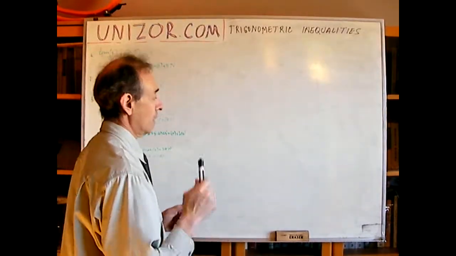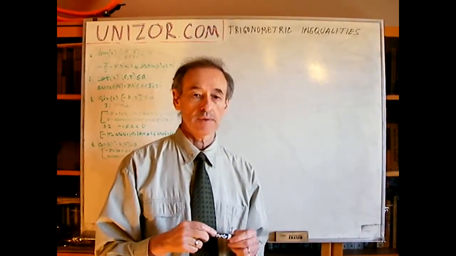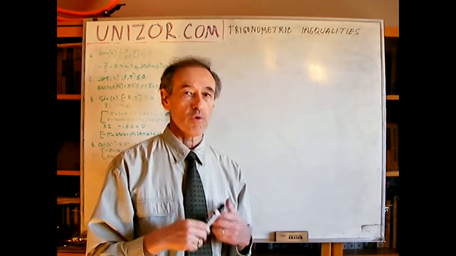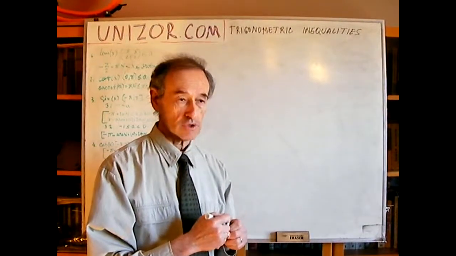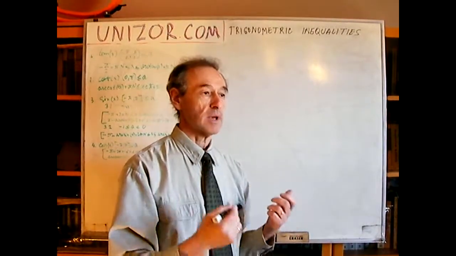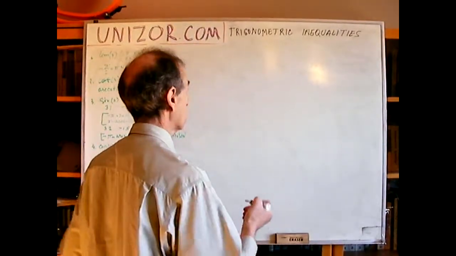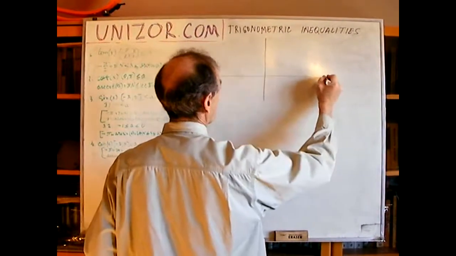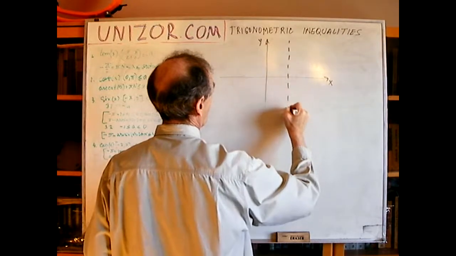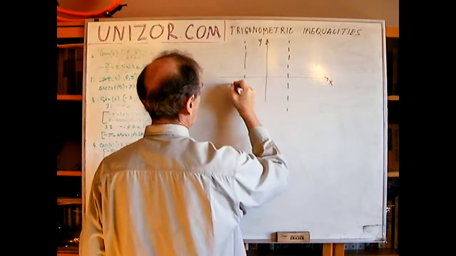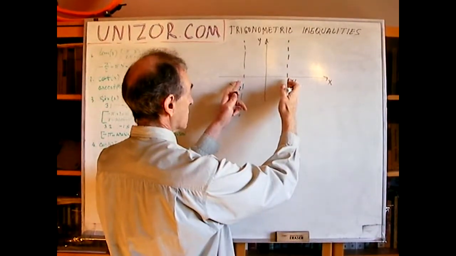All right, so I will start with tangent, and the reason is exactly the same as my starting with tangent for the equation, because the interval of periodicity of tangent is the same as the interval of monotonic behavior and existence of the inverse function arctangent, right? So if this is your tangent, minus pi over 2, pi over 2, and pi is the period.